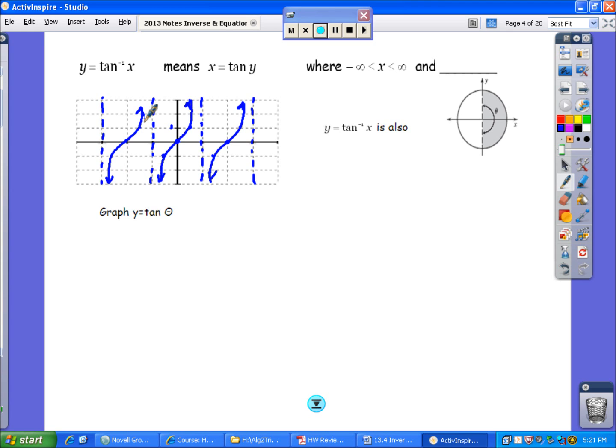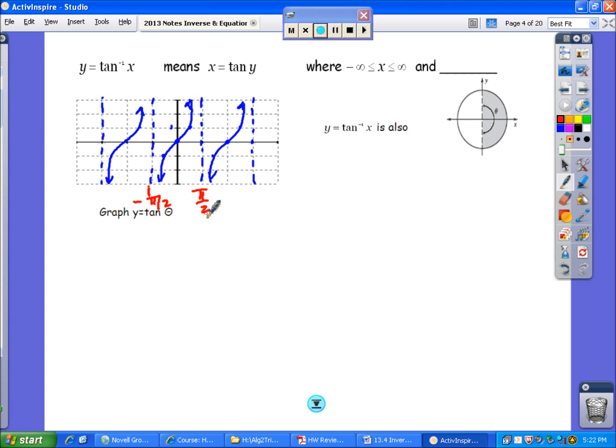Now here again, notice once again, if I draw my horizontal line, it's going to touch my graph in more than one spot. So the inverse of tangent is not going to be a function without some restrictions. So let's decide where our restrictions are. We want to keep the inverse also a function. Hopefully you noticed here, if we restrict this between negative pi over 2 and pi over 2, then we'll have a function.